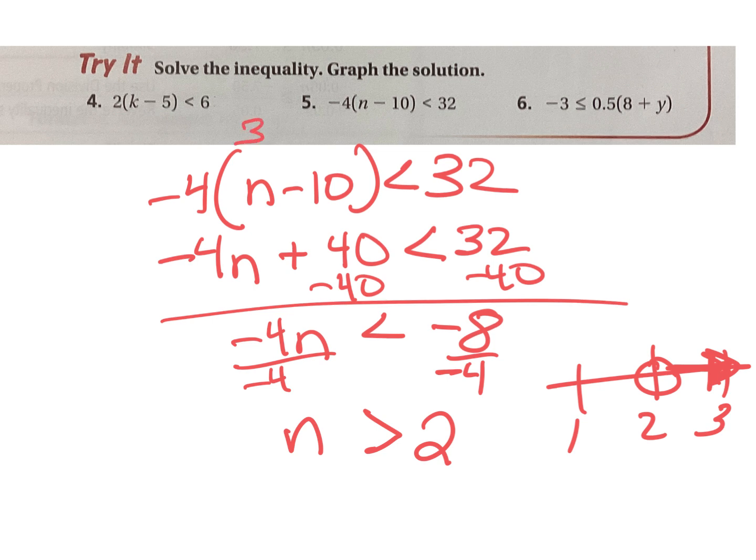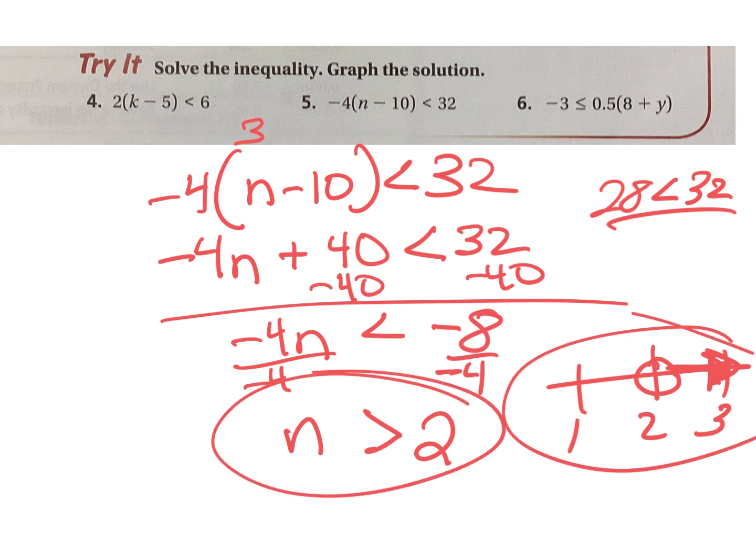If I put 3 in here, 3 minus 10 is negative 7. And then negative 7 times negative 4 is 28. And 28 is less than 32. So that graph works. That inequality solution works.